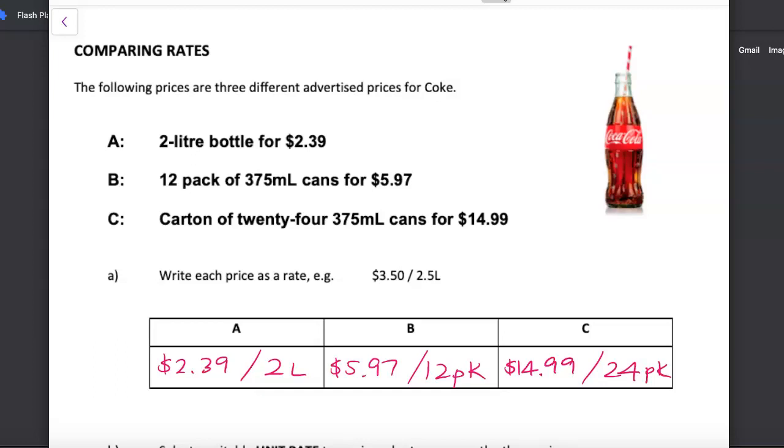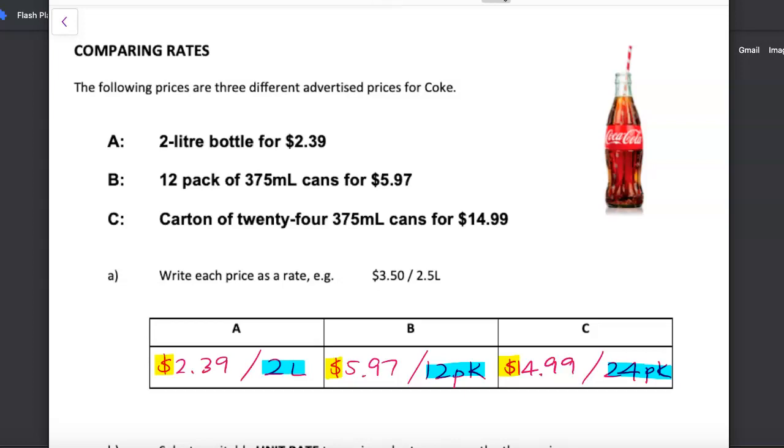Now, if we want to use these three rates to compare which is the best option to buy Coca-Cola, obviously the cheapest, I want to be able to have my rates in the same units to compare them. I can see they're all in dollars, which is great, but unfortunately my second units are either in a pack of cans or in a liquid amount in litres.